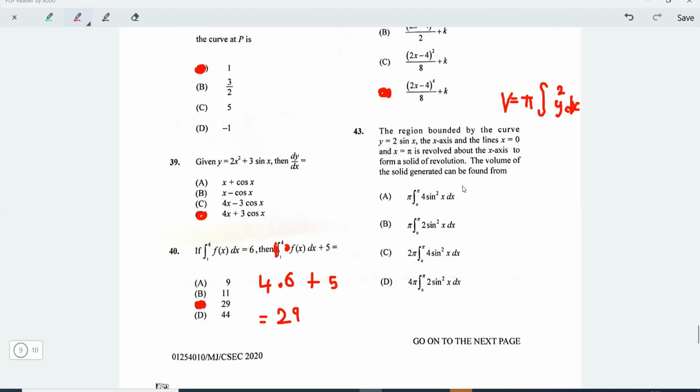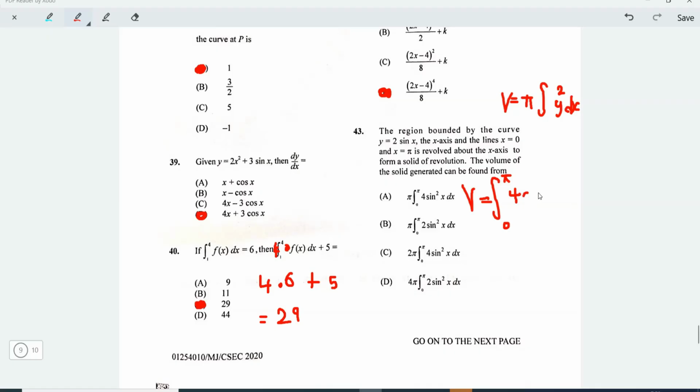In this case, we know that the volume is going to be equal to, we're integrating from x equals 0 to pi, y squared. Now this is 2 sine x. When you square it, 2 squared is 4, and then when you square sine, you get sine squared.